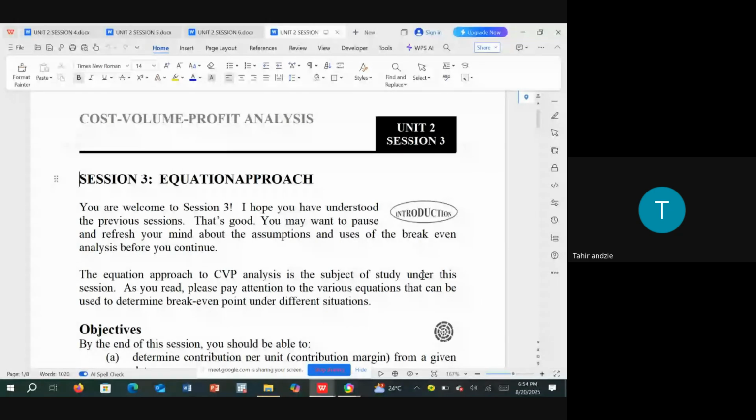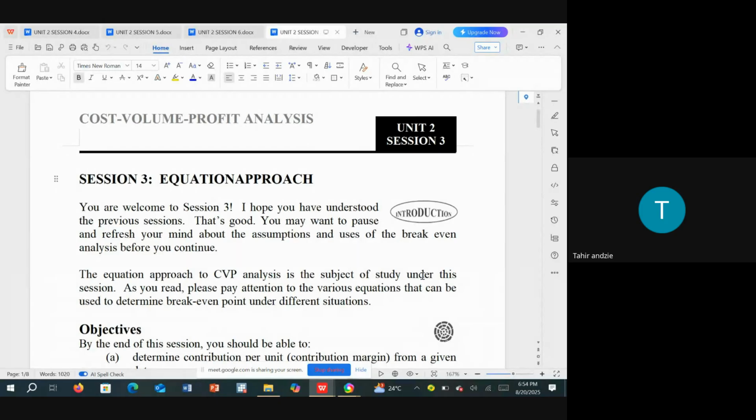Now we know that the sales revenue is the selling price times the units sold, and then the variable cost is the variable cost per unit times the units sold, plus the fixed cost. And so to determine the quantity that we sell to make sure that the total sales revenue equals the total cost, we have to group the like terms.